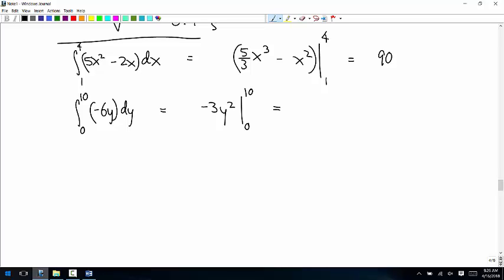And what did you get? Negative 300. And that's the work. So the total work is equal to negative 210.